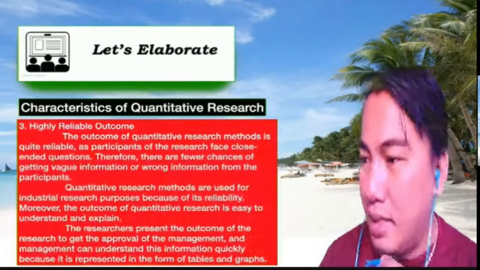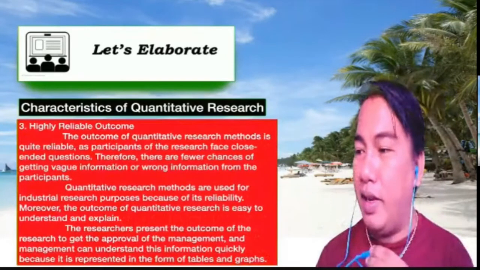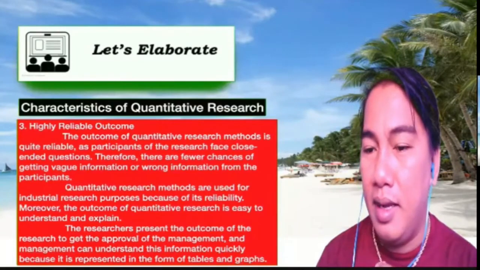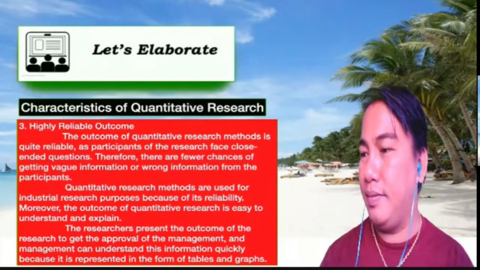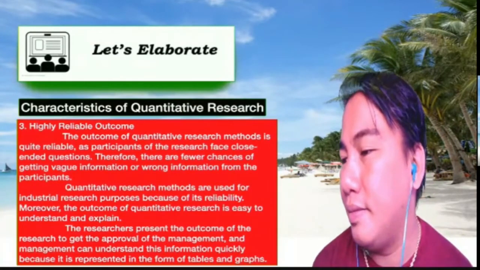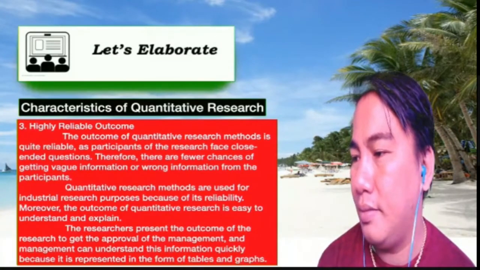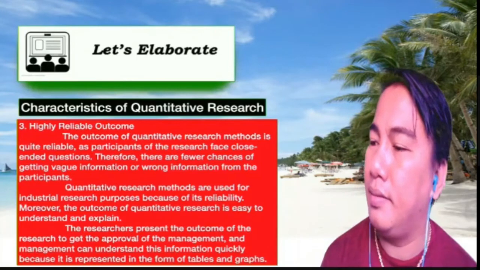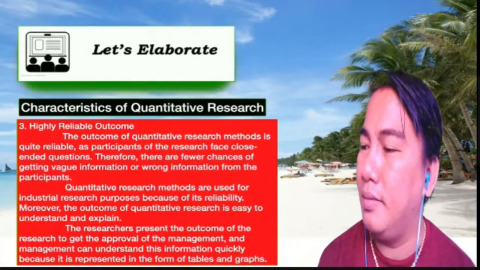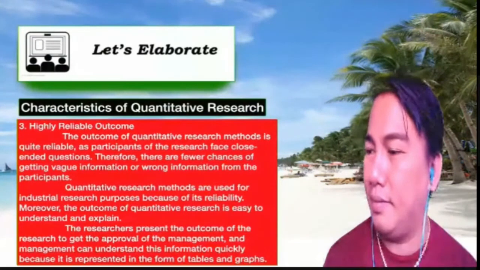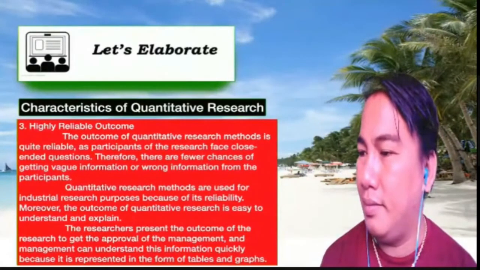Okay, may I ask somebody to read number 3? Yes, Kenneth. Highly reliable outcome. The outcome of quantitative research methods is quite reliable, as participants of the research face closed-ended questions.